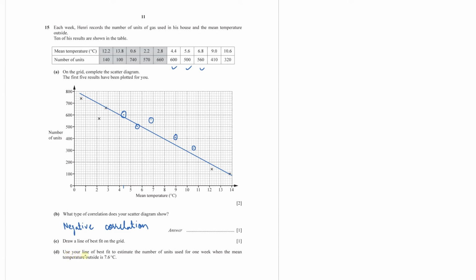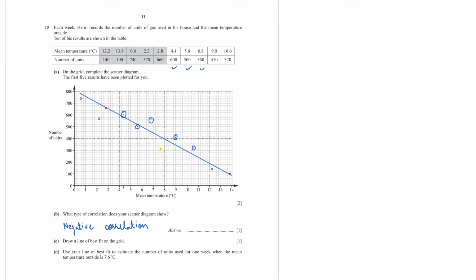Part D is use your line of best fit to estimate the number of units used for 1 week when the mean temperature outside was 7.6. So now I have to see where this line intersects the x value of 7.6. So this is 7, 7.2, 7.4, 7.6. So basically two small blocks to the left of 8.